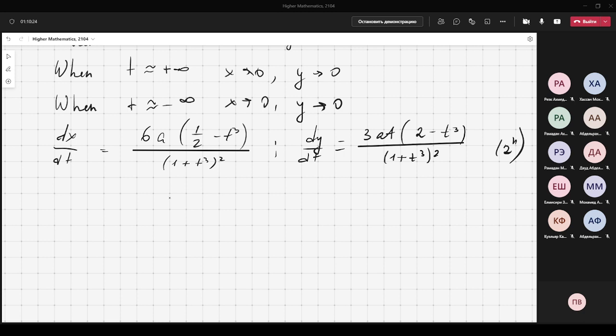For t we get the following critical values. t first is minus 1, t second is 0, t third is 1 over cube root of 2, and t fourth is cube root of 2.